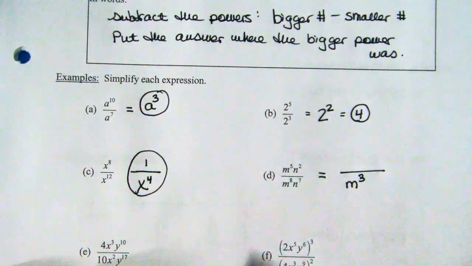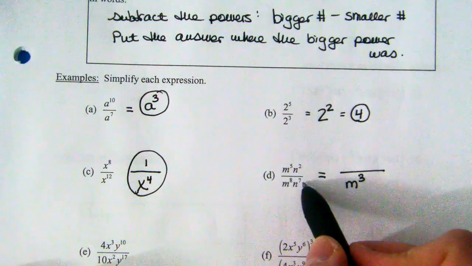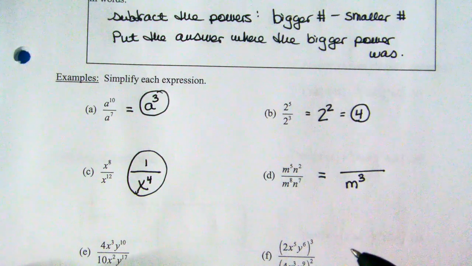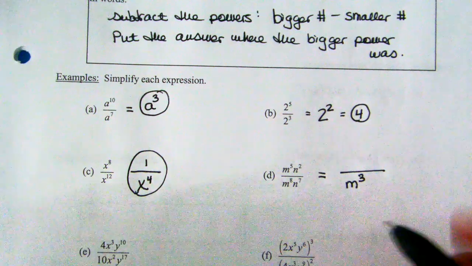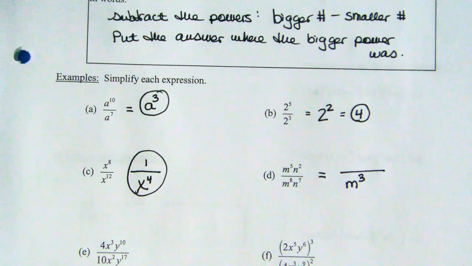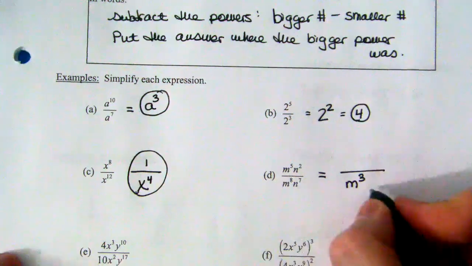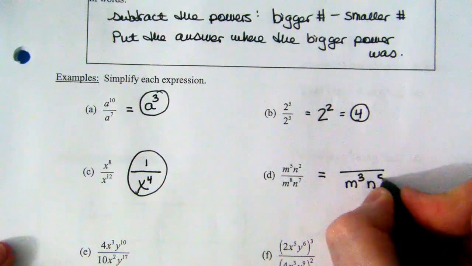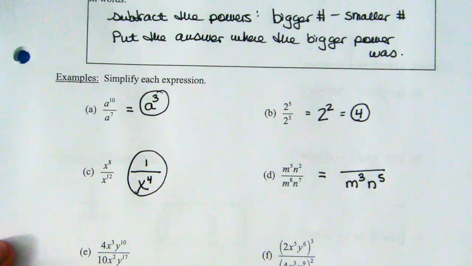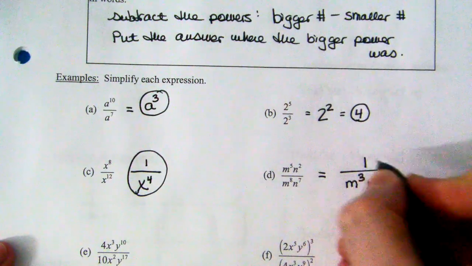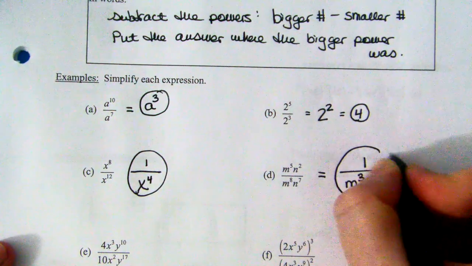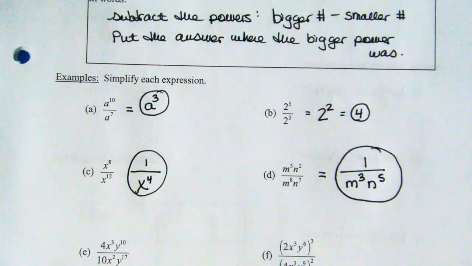As for the n's, 7 minus 2 is n to the 5th. Top or bottom? Well, because the 7 was bigger, it's going to go on the bottom, n to the 5th. You're not really allowed, though, to have a fraction with nothing in the numerator. So let's just stick a 1 in the numerator. Let's make this 1 over m to the third, n to the fifth.